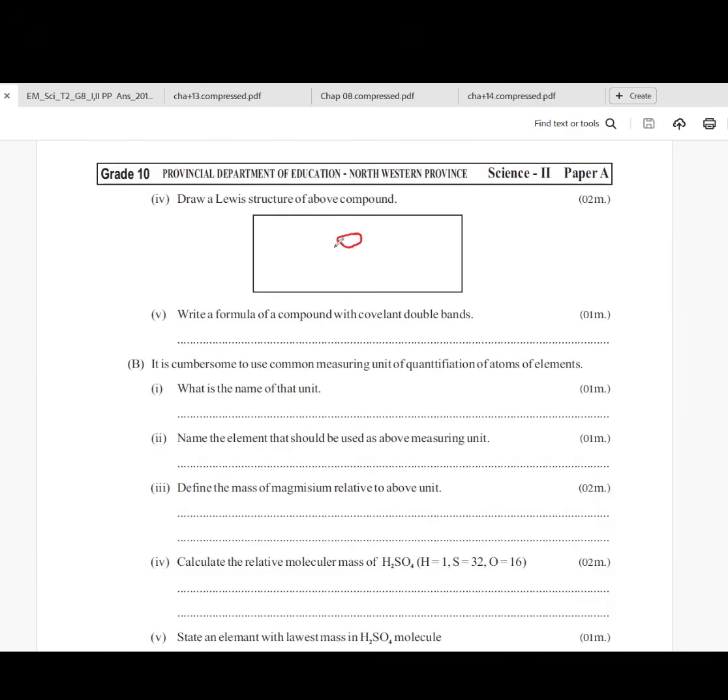Oxygen is here. Around that there are 2 hydrogens and there are 2 lone pairs of electrons for the oxygen. They have not made any bond, and in this bond there are 2 electrons. One is from oxygen, the other one is from hydrogen. In this bond also there are 2 electrons.